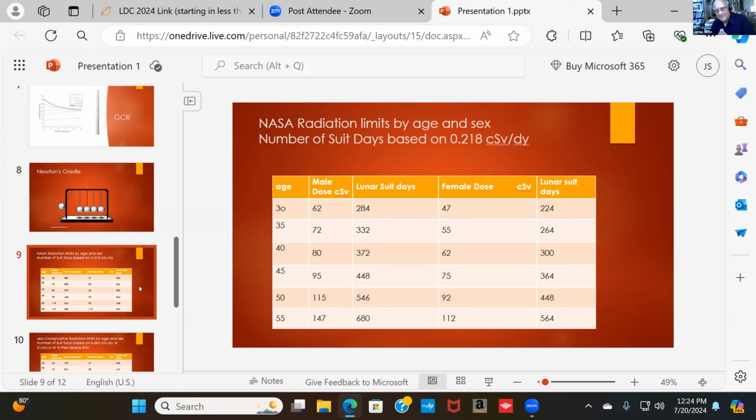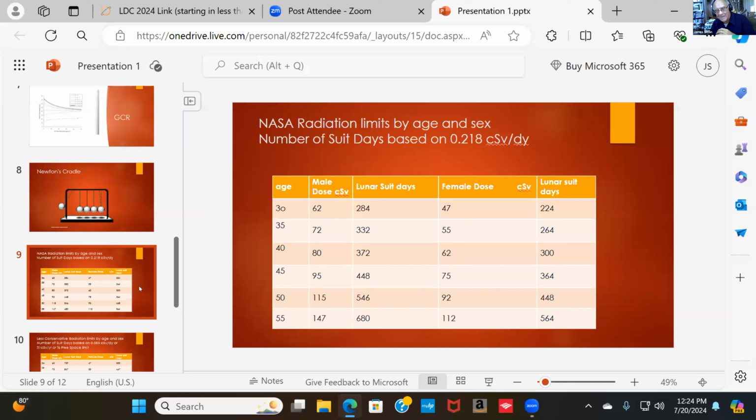And from this, the limits are set by age and sex. For a 30-year-old male astronaut, the maximum dose would be 62 centisieverts, and this would be expected to be received in a spacesuit or an unshielded habitat over the course of 284 days.